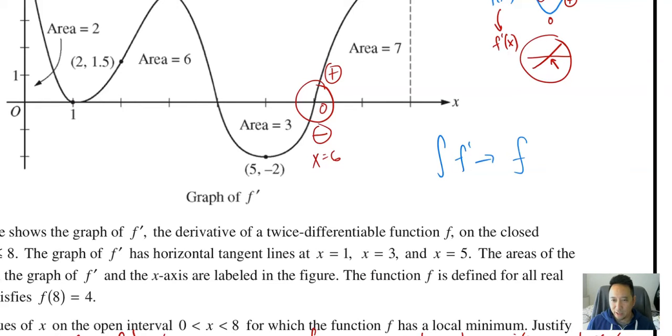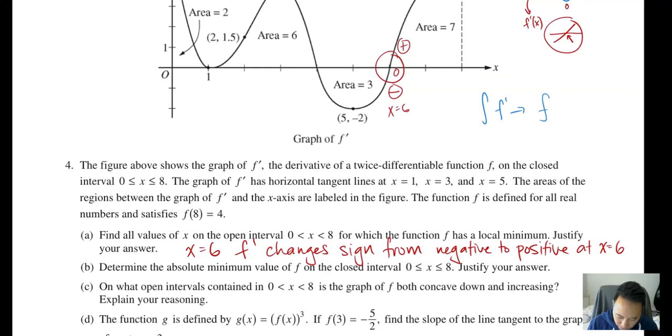And especially when you have a closed interval, don't forget your endpoints. That could be where your absolute minimum or maximum occurs. They're asking for absolute minimum, but don't forget your endpoints.